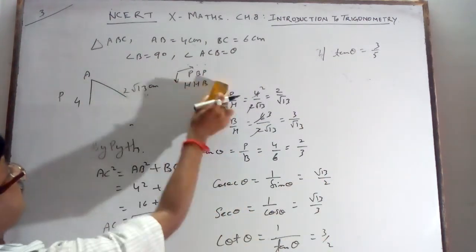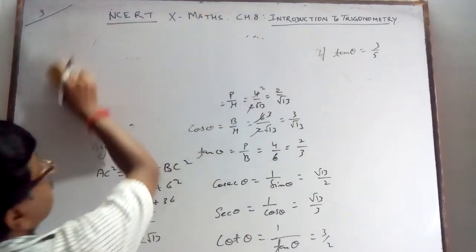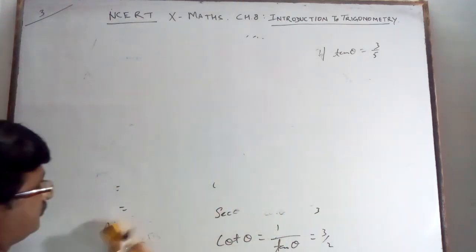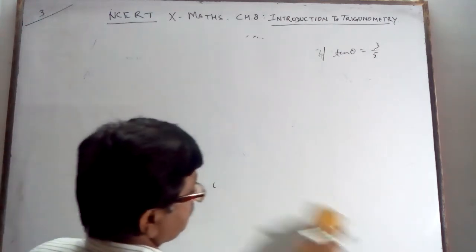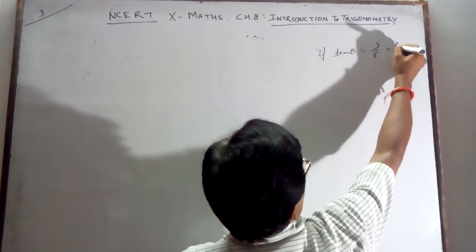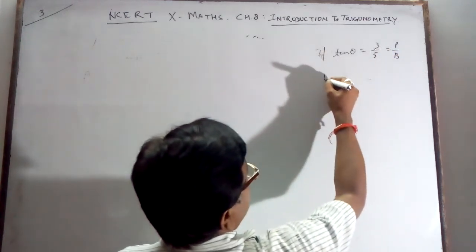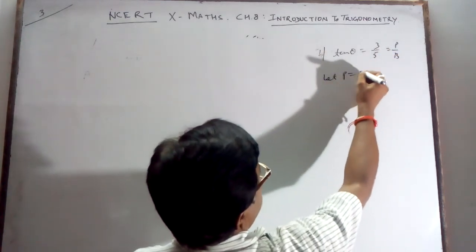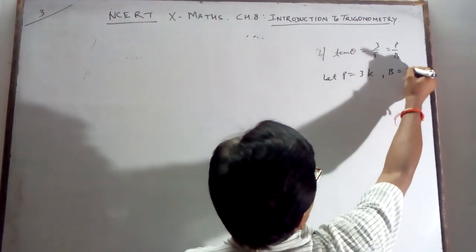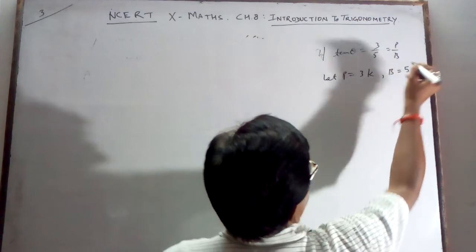So tan theta is given, it means P upon B is given. Tan theta means it is the P upon B. So let the perpendicular be 3k, with a proportional constant.